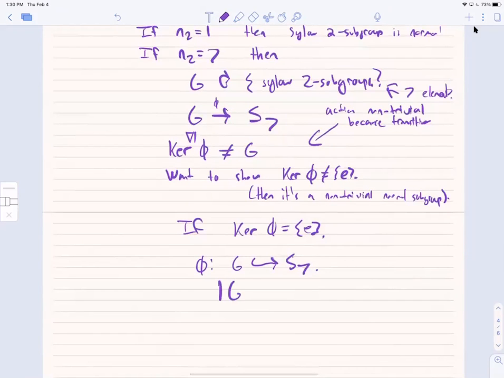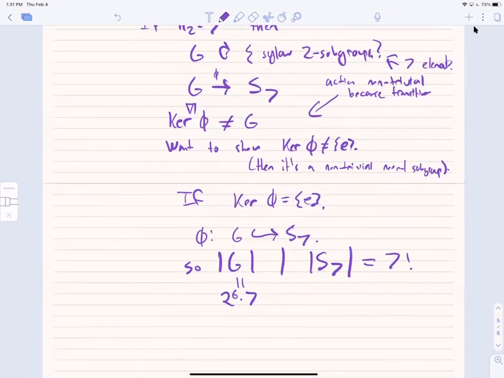That means the order of G divides the order of S7, which is 7 factorial. This is 2 to the 6 times 7. But what is 7 factorial but 7 times 6 times 5 times 4 times 3 times 2 times 1? If you think about powers of 2 here, you have a 2 from the 6, two 2s from the 4, and a 2 from the 2.